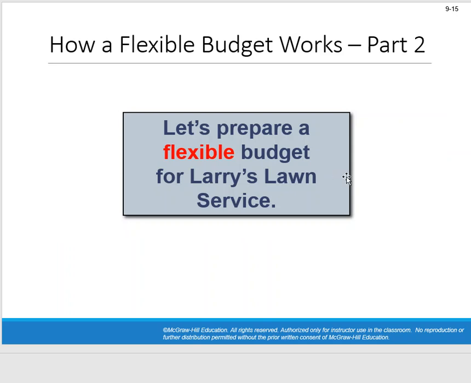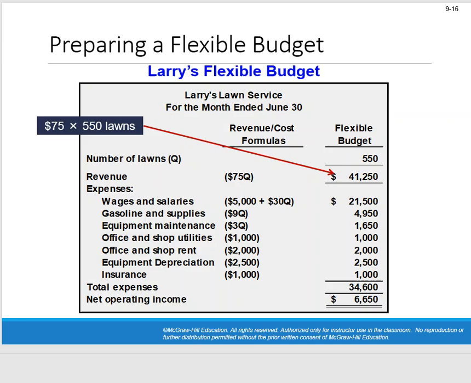So let's redo Larry's lawn service budget using a flexible budget. And again, I'm hoping you can picture laying this out in Excel. We still have all these same revenue and cost formulas here. And if we drop in a different number of lawns up here, 550, we could let Excel compute our budget for us. And we could drop any number in there and these numbers could all update for us if we do this correctly.